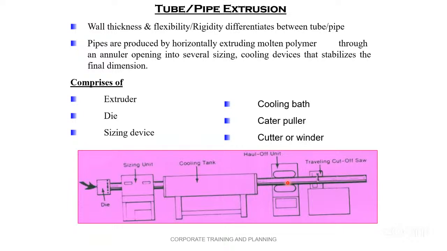Water is a solvent actually, and it can extract the heat more easily than the other materials, and hence we are keeping water as the best fluid for cooling purpose. Okay, sir. Now here is a continuous pull on the pipe, that is called a caterpillar or haul-off unit. Caterpillar also they say, haul-off unit also they say.